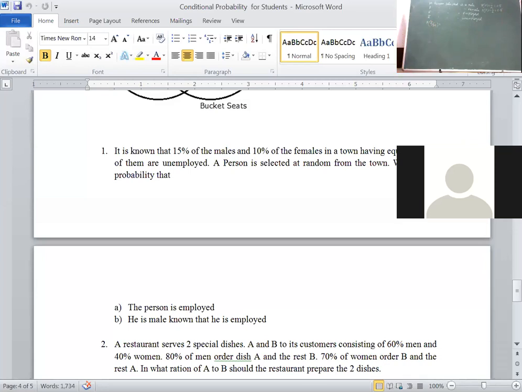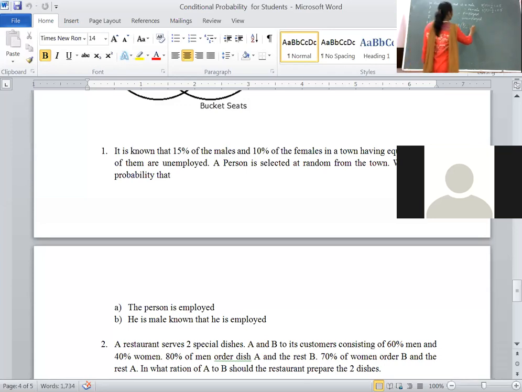E complement given M is how much percent? 15%. That is 0.15. If you see the first question, they asked for the person is employed. For that purpose, we have to find out, if the person is male, then he is employed. For that purpose, we have to calculate the probability that the person is a male and he is employed.